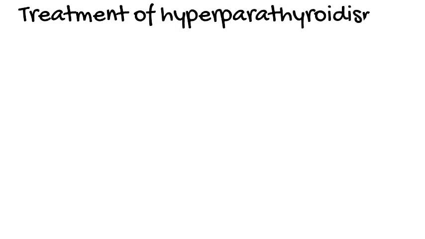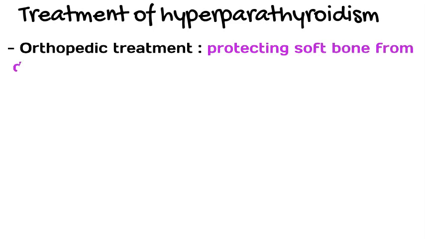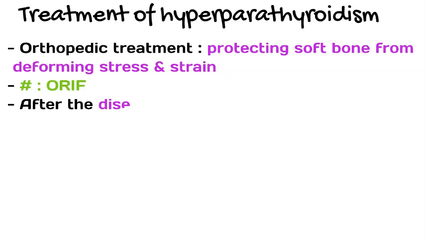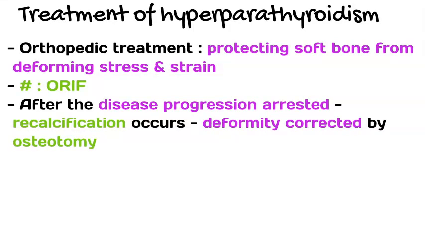The treatment of hyperparathyroidism. The orthopedic treatment is protecting the soft bone from deforming stress and strain. If fracture occurs, do an open reduction and internal fixation, or it depends on the surgeon. After the disease progression is arrested, recalcification occurs.